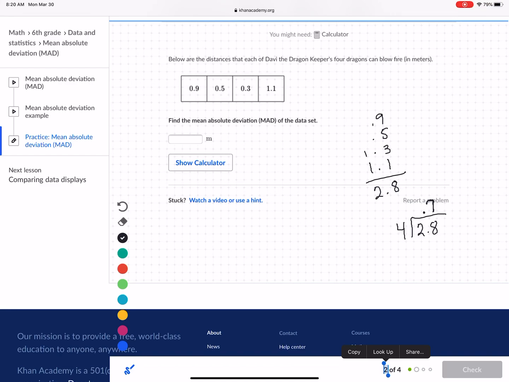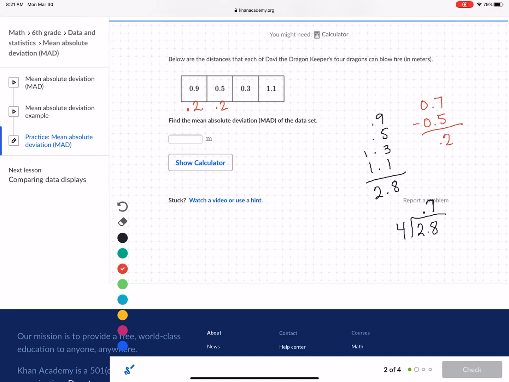And now what I want to do is find out how far away each piece of data is from the mean. So 0.9 is 0.2 away from the mean. 0.5 is 0.2 away from the mean. And if I didn't know what these were, I could just simply subtract 0.7 minus 0.5, and that's going to tell me how far away it is from the mean, which is 0.2.